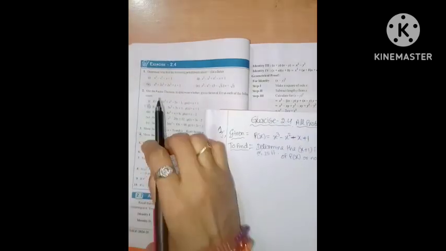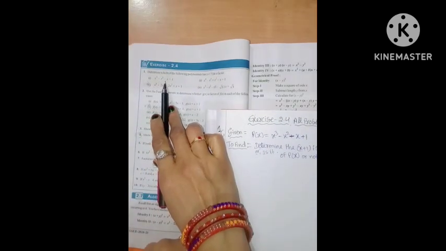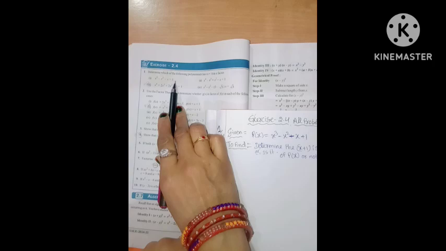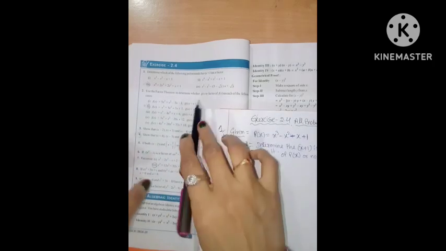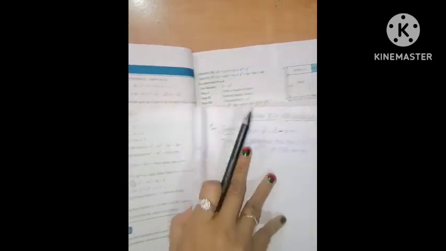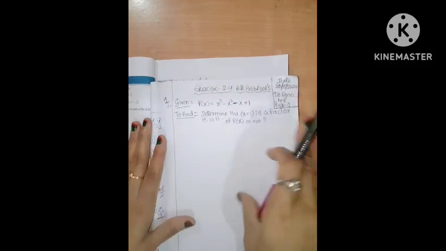The first polynomial is x cube minus x square minus x plus 1, and then the second, third and fourth one by one.